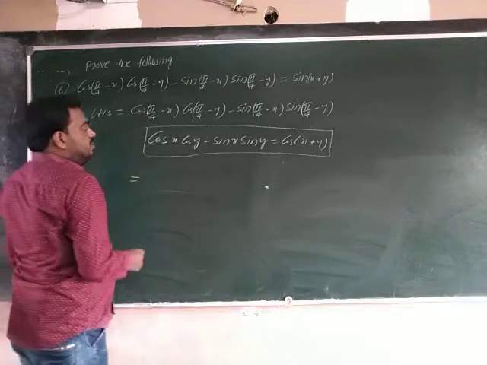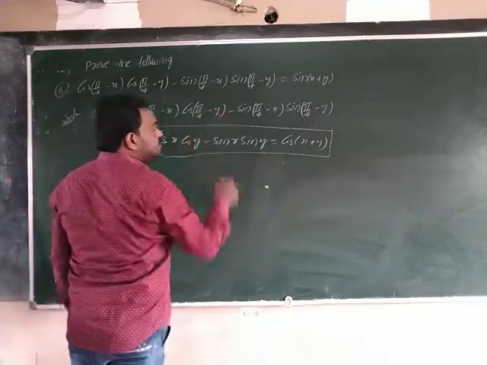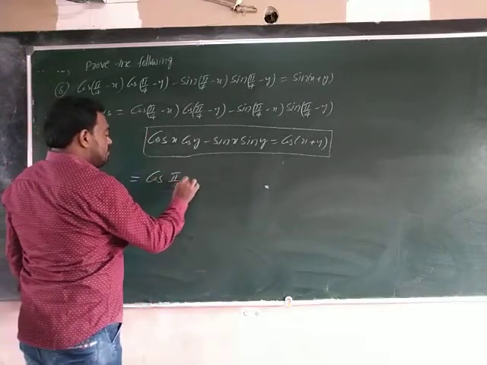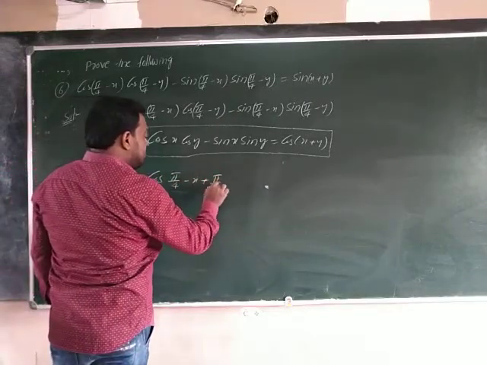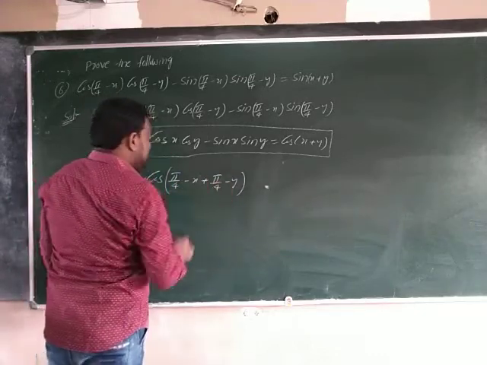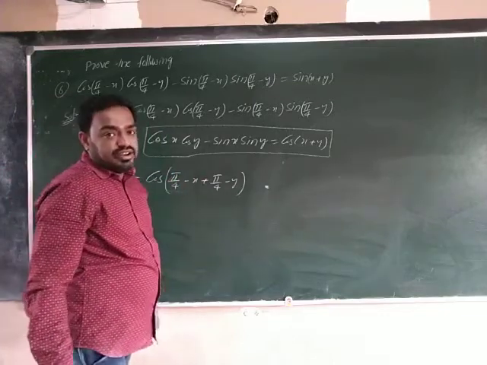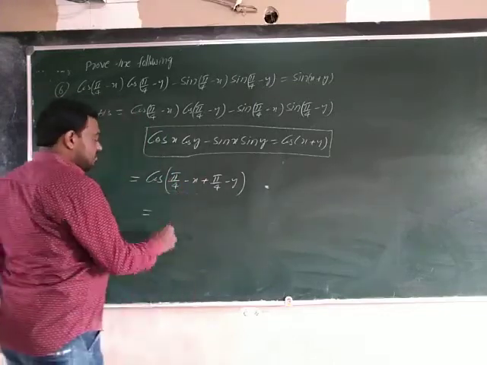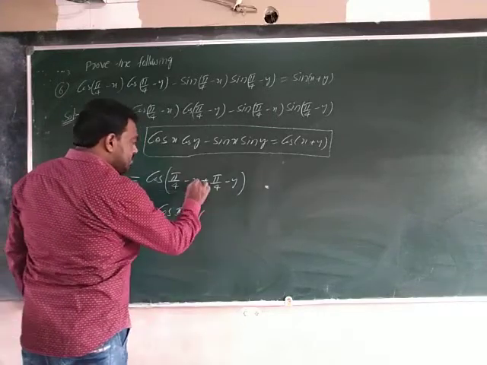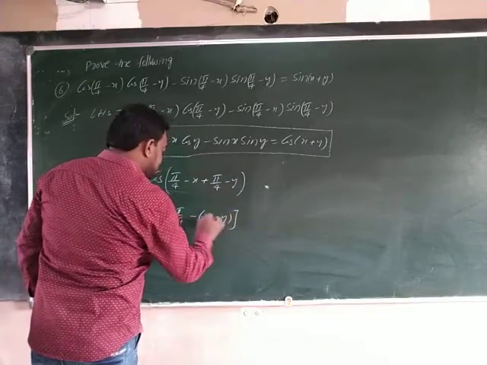See, here in place of x is pi by 4 minus x, in place of y is pi by 4 minus y. So you apply now cos of (pi by 4 minus x) plus (pi by 4 minus y). Pi by 4 is equal to 45. 45 plus 45 is 90. 90 is nothing but pi by 2. So cos(pi by 2 minus (x plus y)).